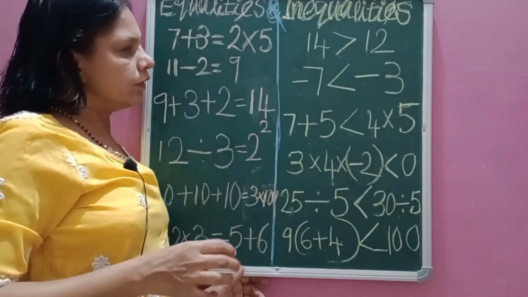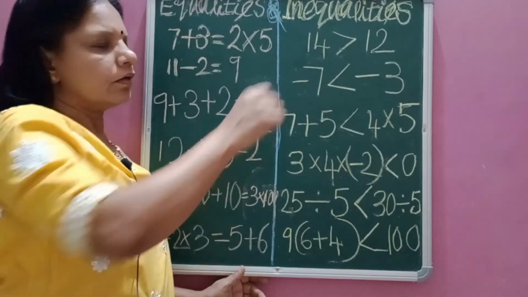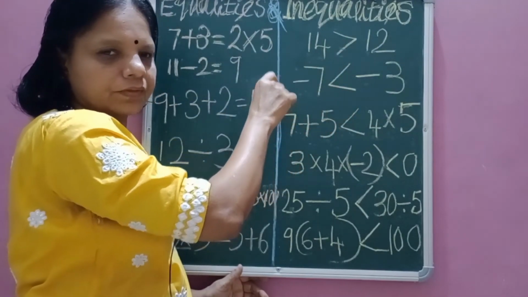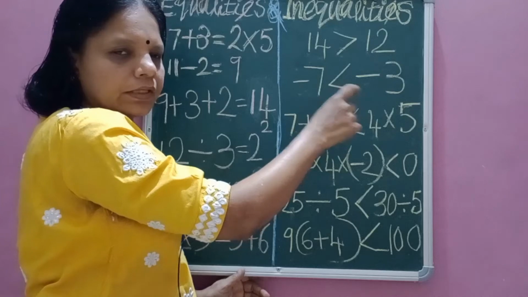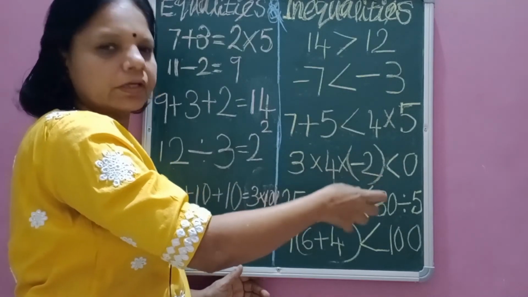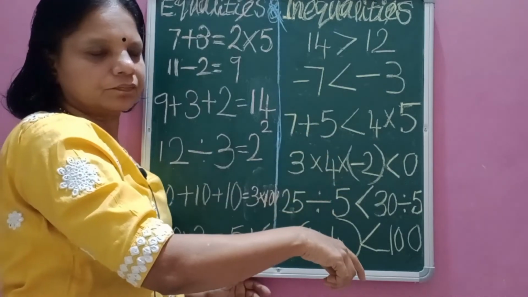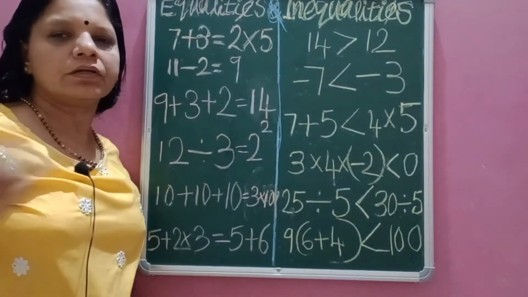Clear? So there will be a less than or greater than sign in between two numerical expressions when they are not equal, and that is called inequality.